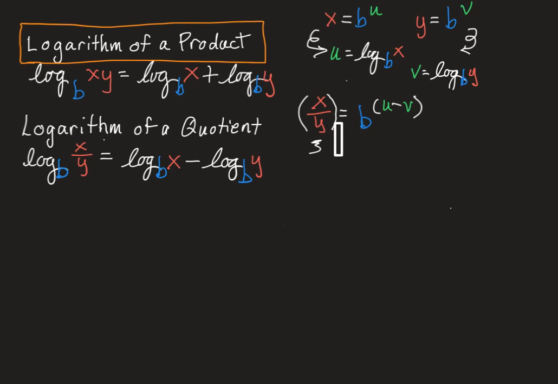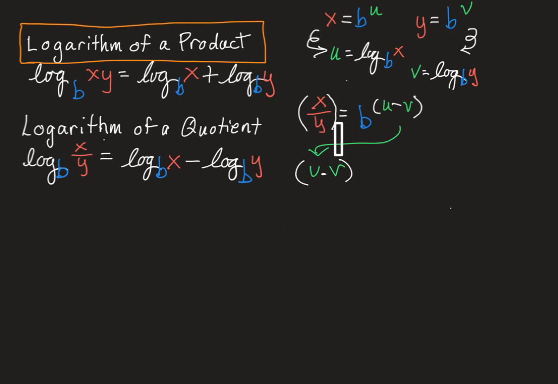Let's get rid of my squiggles here, and let's convert it to logarithmic form. So we're going to do that by taking the exponent, and it's going to come down here as u minus v, just as it is up there. That's the exponent.